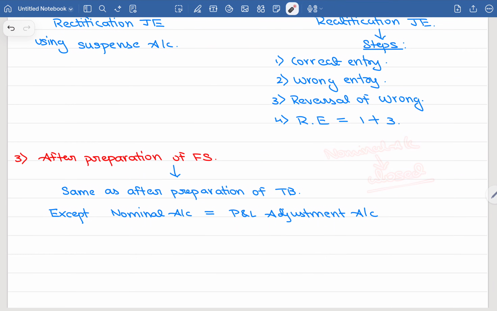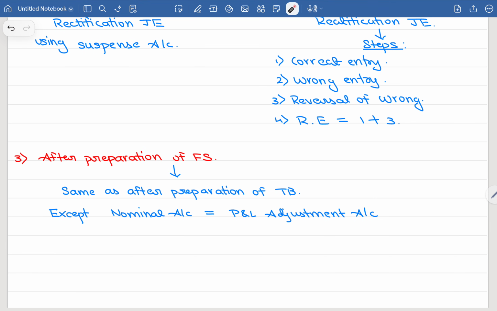That is why if I want to pass the rectification entry, I cannot use the nominal accounts. So the steps for passing the rectification entry after preparation of financial statements is same as after preparation of your trial balance, using which account? Suspense account for passing a journal entry.